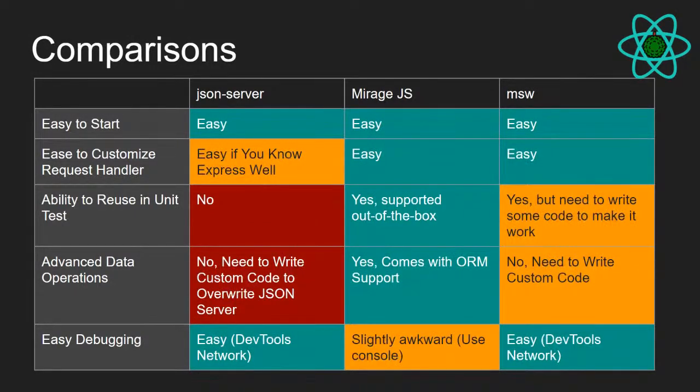Mirage.js, yes, it is supported out of the box, because just now we started our server by calling start server, right? So after start server, you can also shut down the server. A very common pattern people use with Mirage.js is that when you write a unit test, you have a beforeEach and afterEach.